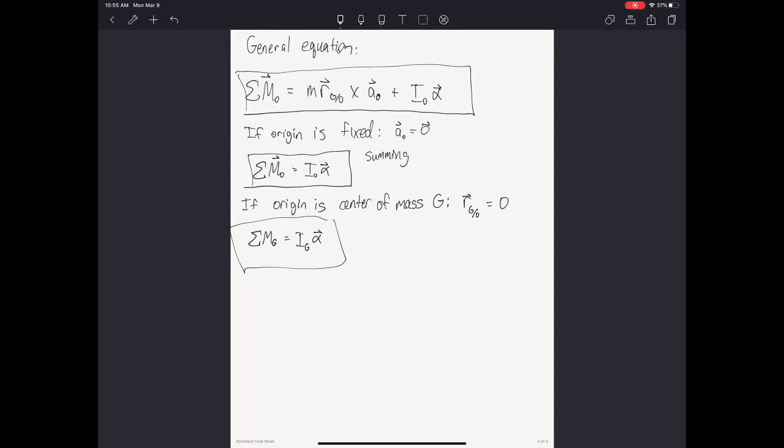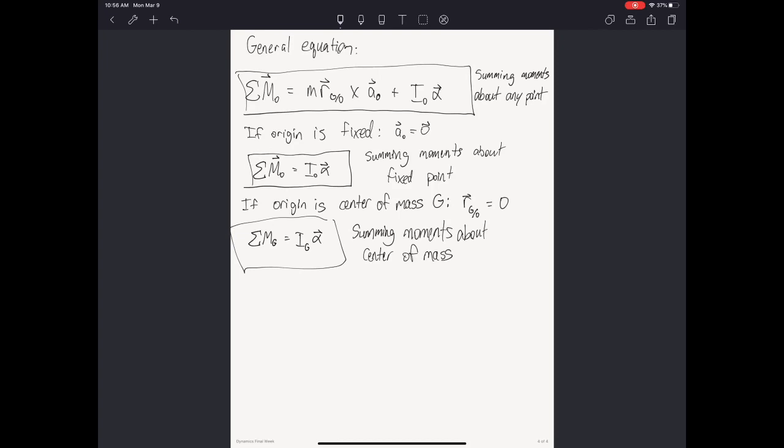I'm going to write all these down: summing moments about a fixed point, summing moments about any point, and summing moments about center of mass.